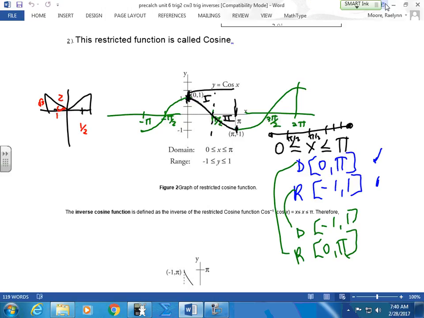So what you're going to remember is cosine uses 1 and 2. Basically, to sum this lesson, cosine is going to use 1 and 2. 1 is positive, 2 is negative. Sine and tangent are going to use 1 and 4. 1 is positive, 4 is negative. But the tricky part is you have to give me the negative numbers in a negative angle.